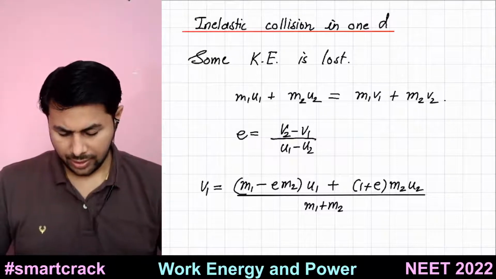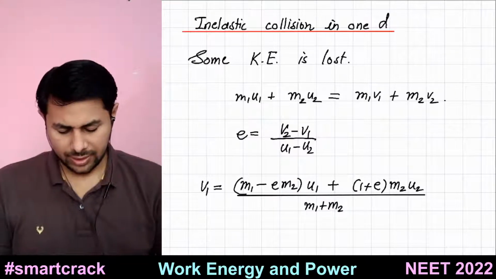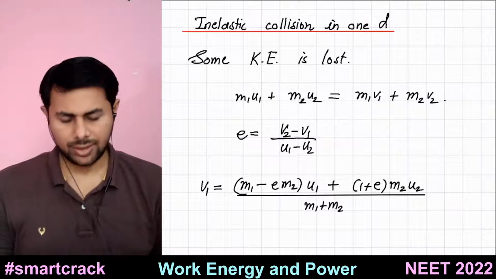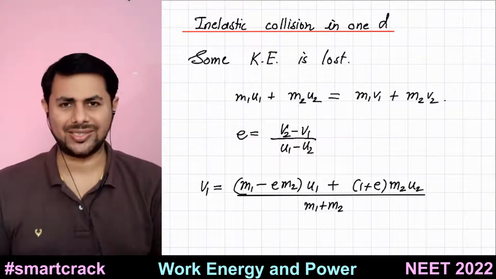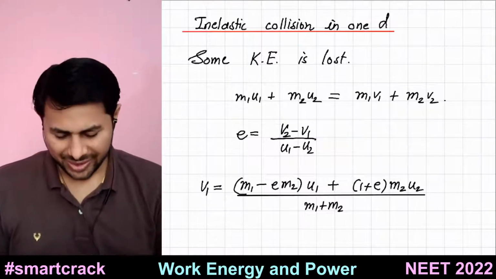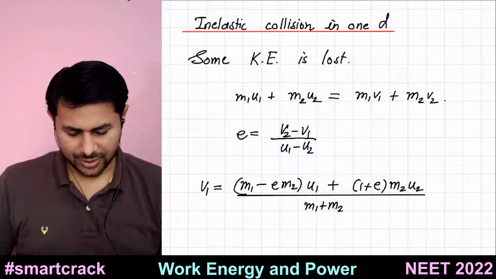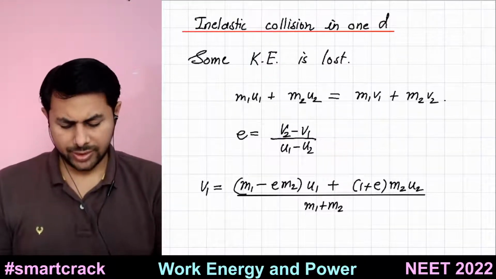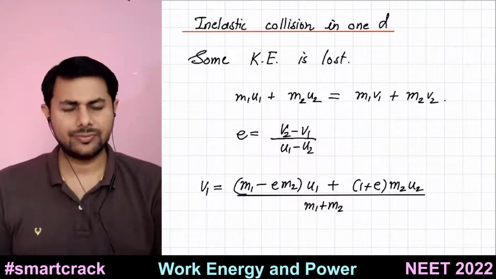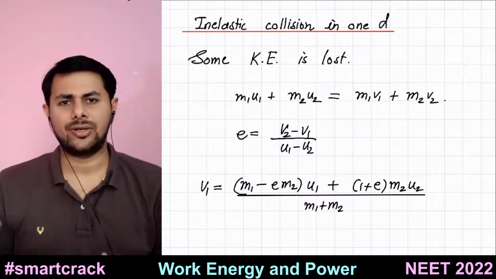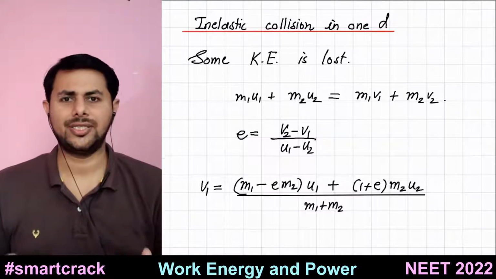So v1 is given by this formula. I don't tend to memorize this formula. I don't prefer to memorize. If you want, you can memorize it, because very often there won't be direct questions on this formula. There is a very rare chance.